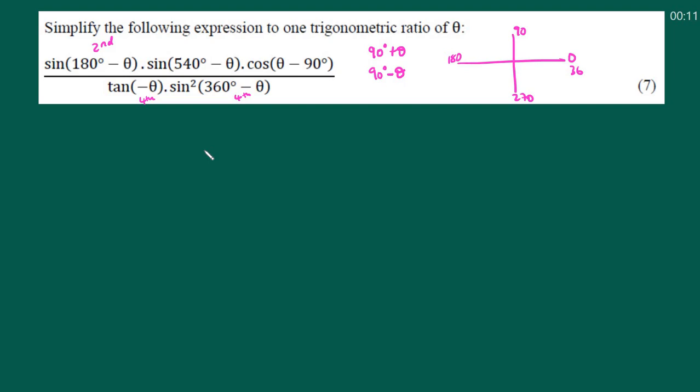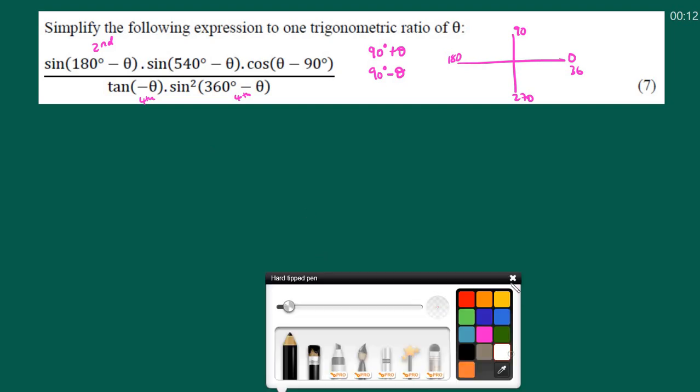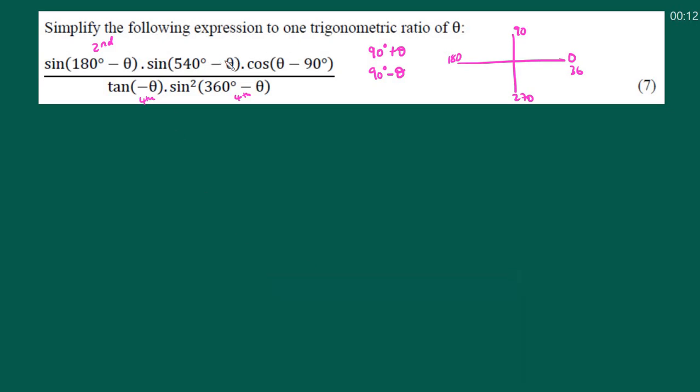What I usually say is that for the fact that I could not identify the quadrant from the get-go, I have to simplify them first. How do we simplify them, good people? I take them out first. Because I could not identify which quadrant it is in, I'm going to deal with that sine of 540 degrees minus theta first. So I say, okay, 540 is bigger, right?